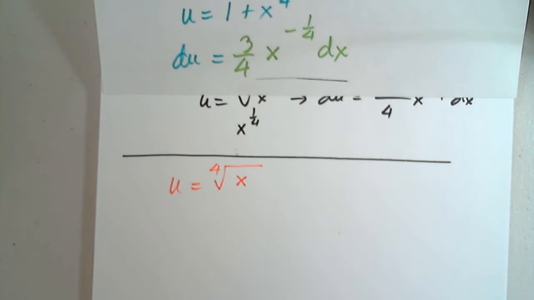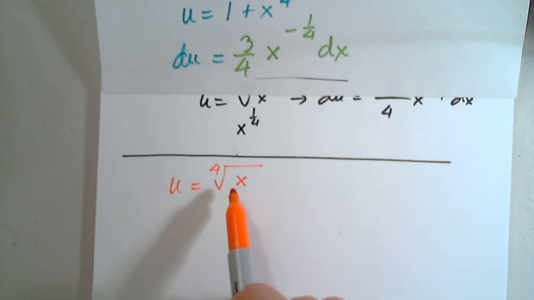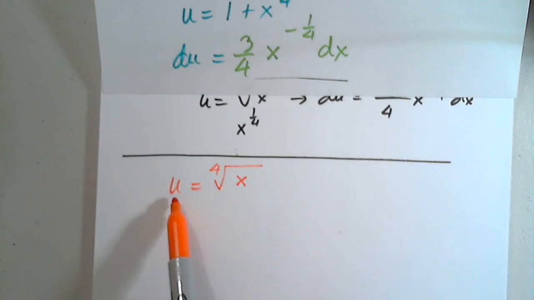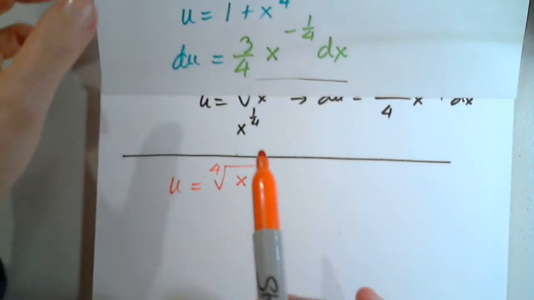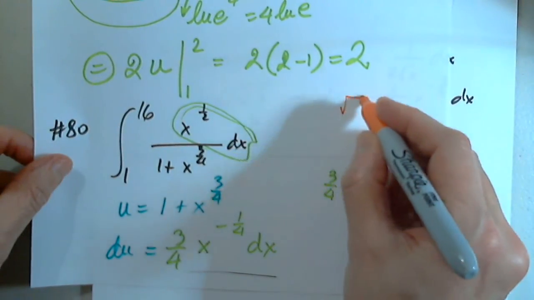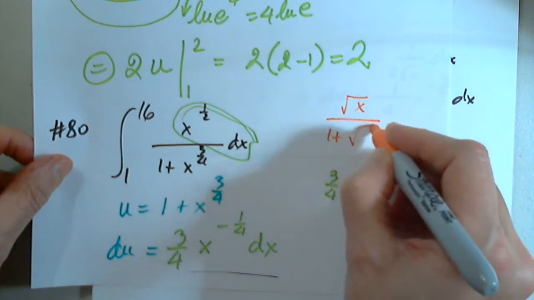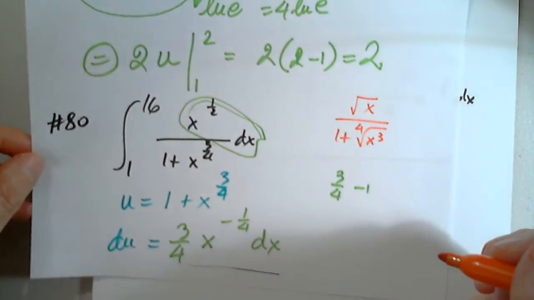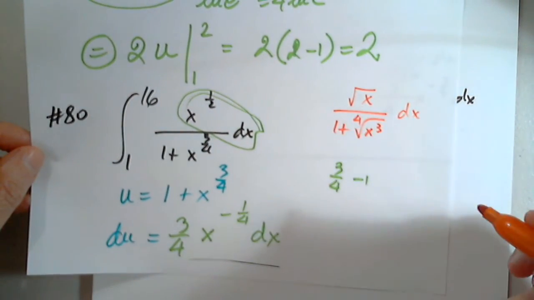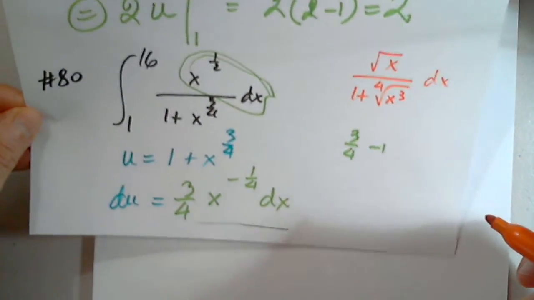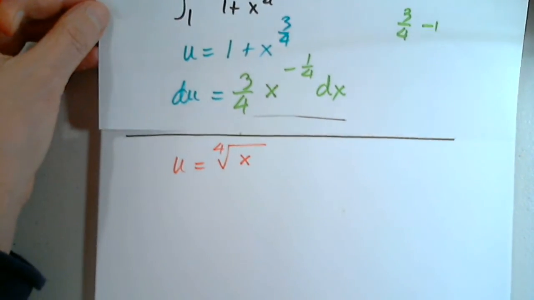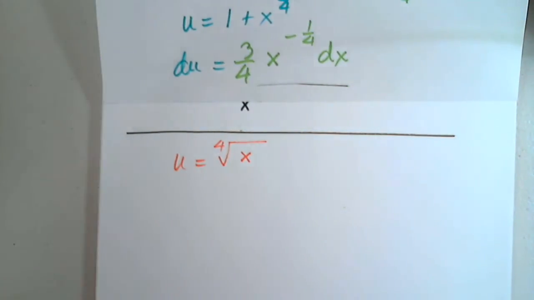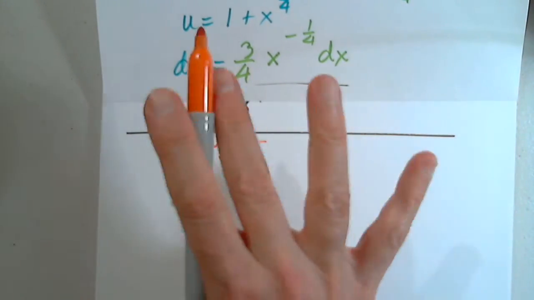Okay. So if I denote just the fourth root of x, this function is basically the square root of x over 1 plus the fourth root of x to the third, dx. I may have to use two substitutions on the way. Okay, so for now, I'm going to say that u equals the fourth root of x. It's a very interesting problem.